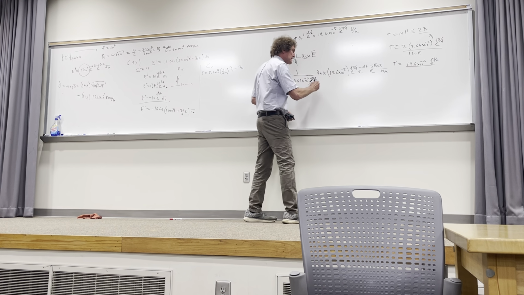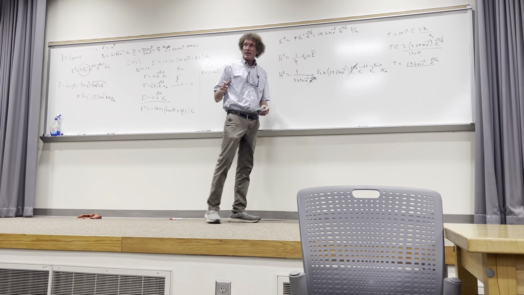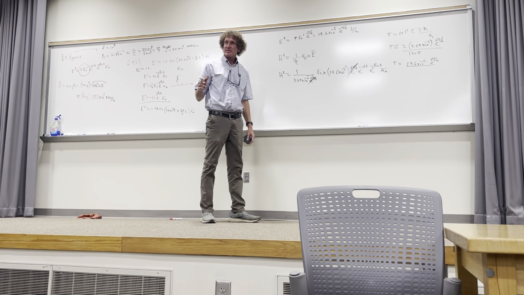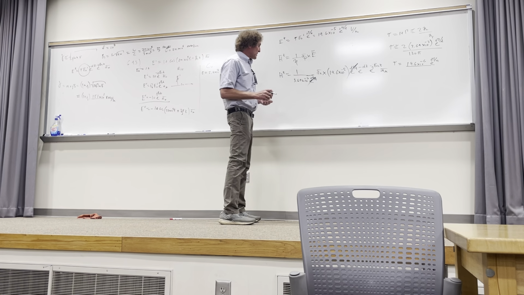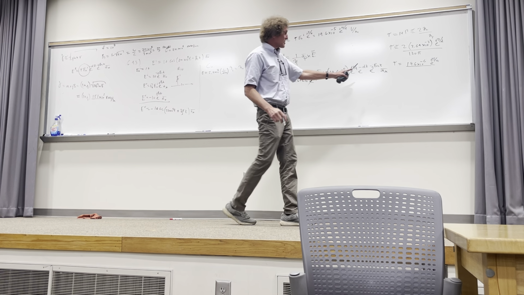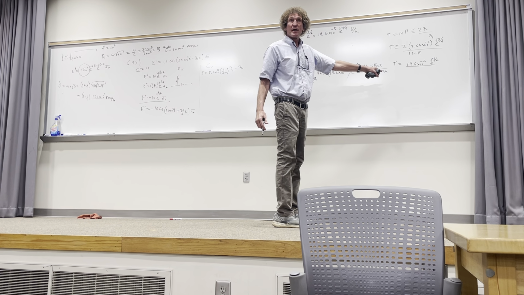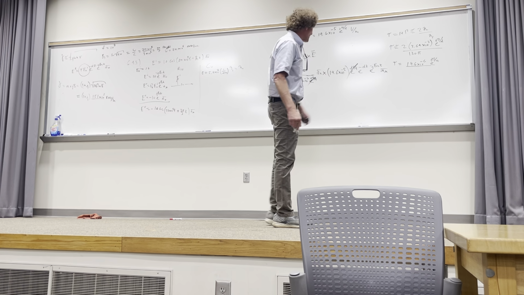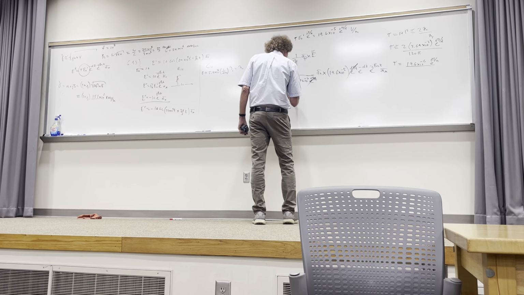You see this? You with me on that, class? Those cancel, don't they? All right. Then when I come here, I have AZ crossed into AX is what? AZ crossed into AX is AY. Very good.